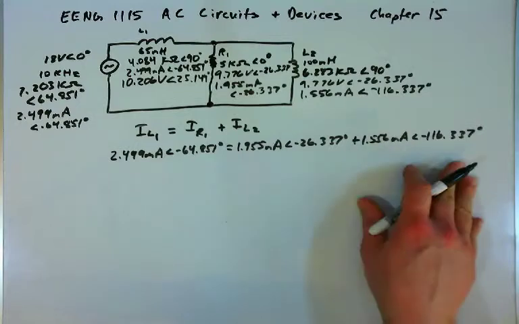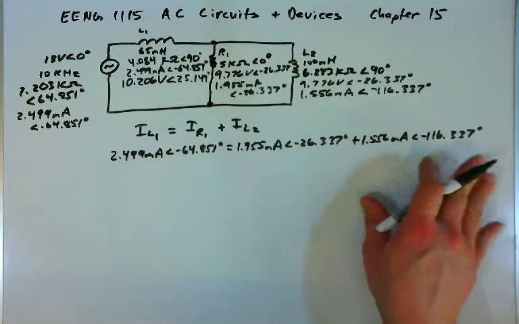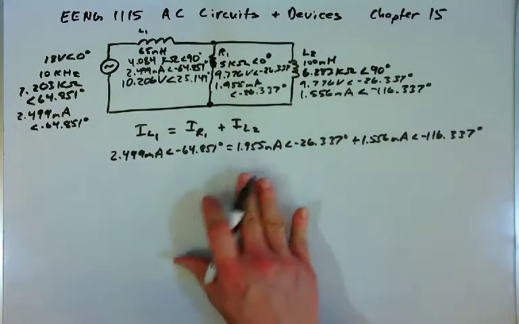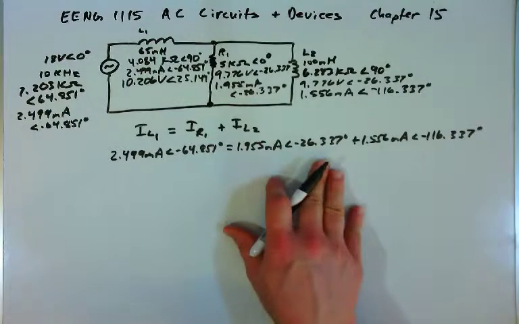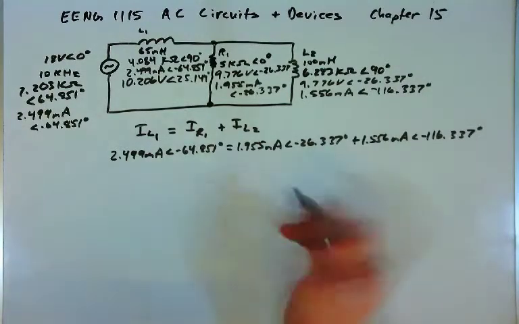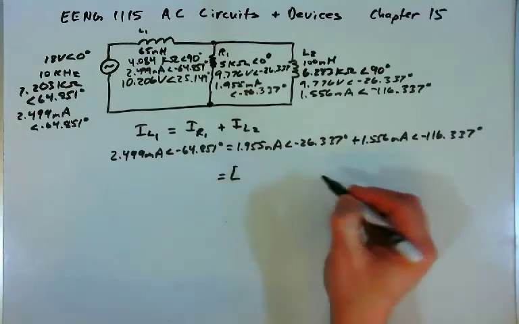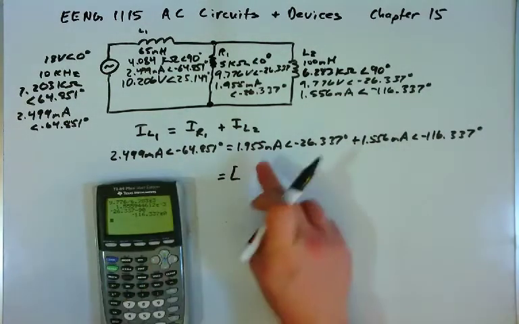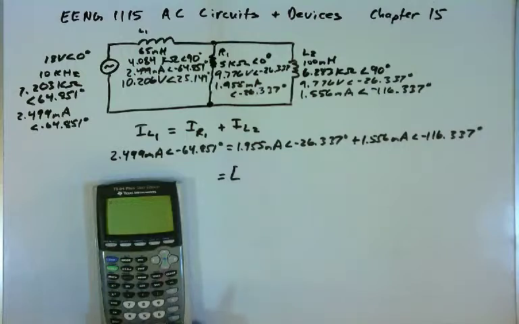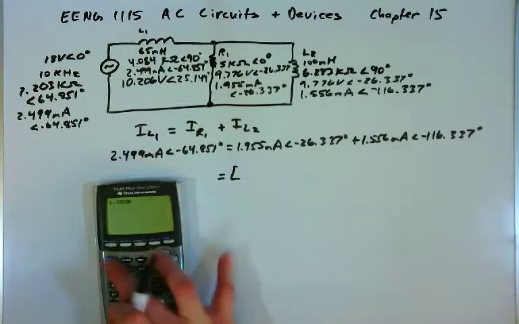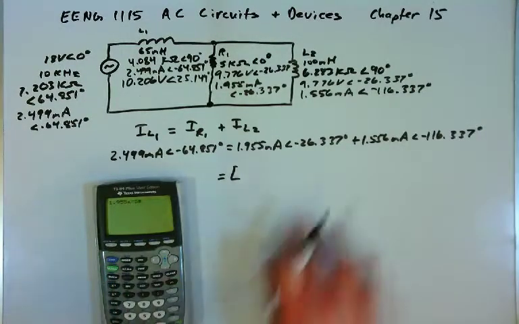They are not friendly angles. We'll need to convert these to rectangular coordinates to be able to add them. For the x coordinate, we use the cosine of the angle. For the y coordinate, we use the sine. So we will find the xy coordinates. We have 1.955 milli.